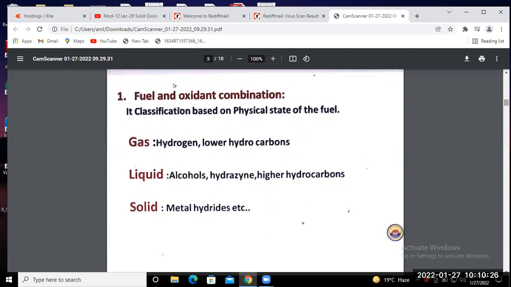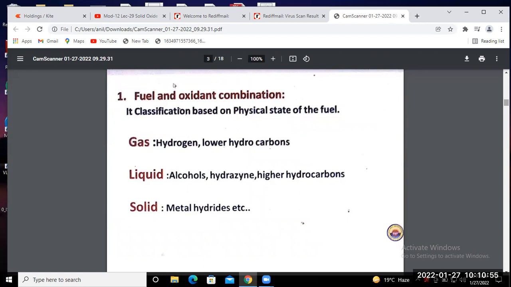And last, we concern about the solid state fuel. Under solid state fuel, you may find some metal hydrides, which we also discussed in the last class. So metal hydride is found in the solid physical state.